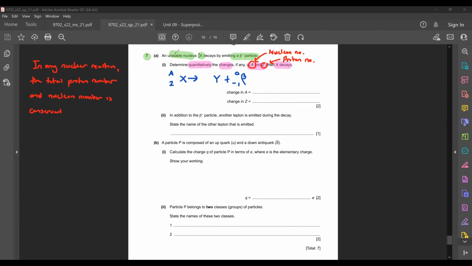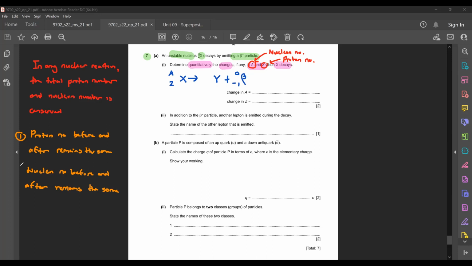Okay, this means this proton number before and after remains the same, and then nucleon number before and after also remains the same.